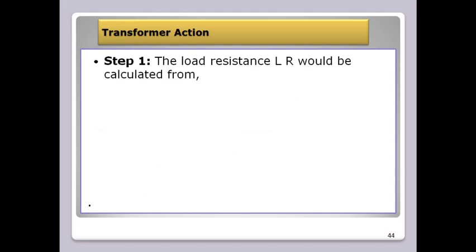So what is happening here? The load resistance RL is calculated as per Ohm's law, RL equals V by I. Here the output voltage is V2 and the current is I2, on the secondary side.